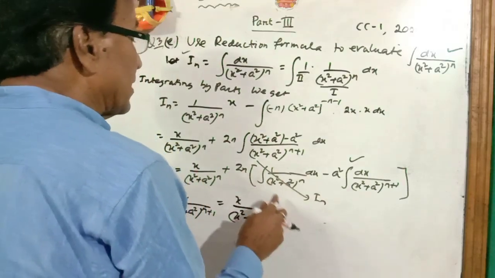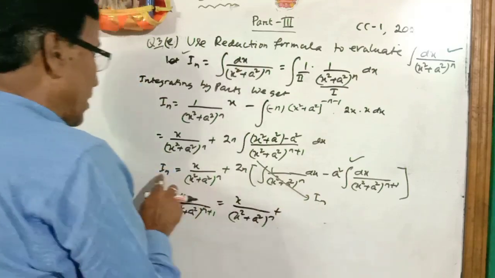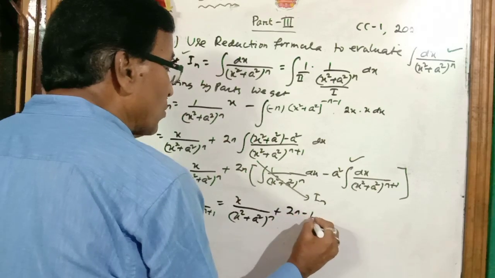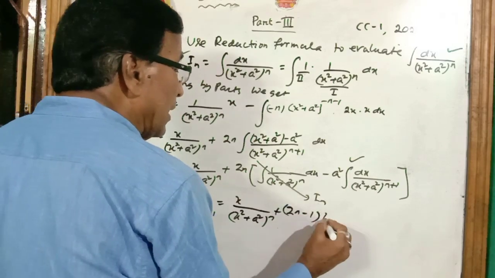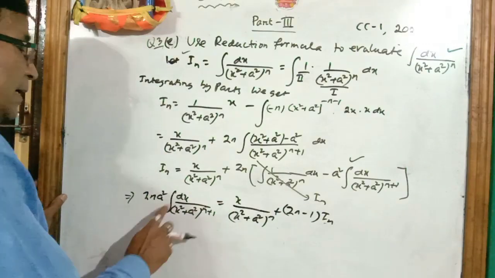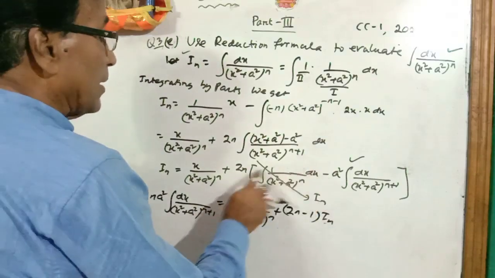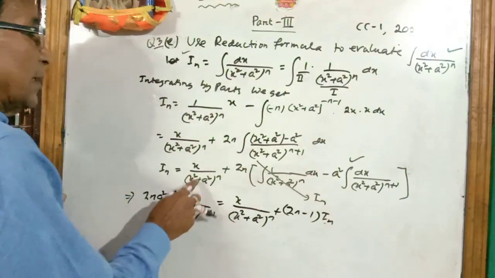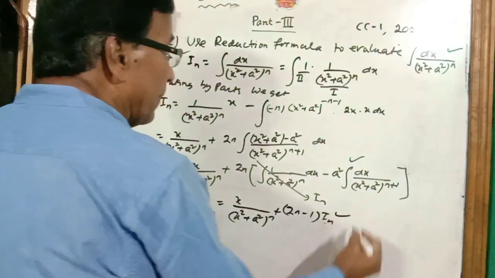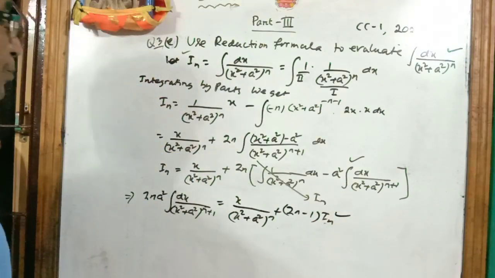So here it is 2n I subscript n plus I subscript n minus 2n I subscript n, that means it is equal to 2n minus 1 whole into I subscript n. So we are getting that 2n a square times this integral is equal to this by this plus (2n minus 1) into I subscript n.